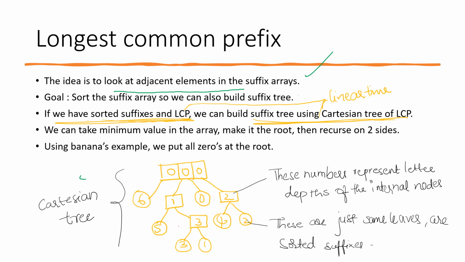Now the goal is to sort the suffixes so we can build the suffix tree. Once the suffix array is sorted, we can build the suffix tree from that, right?